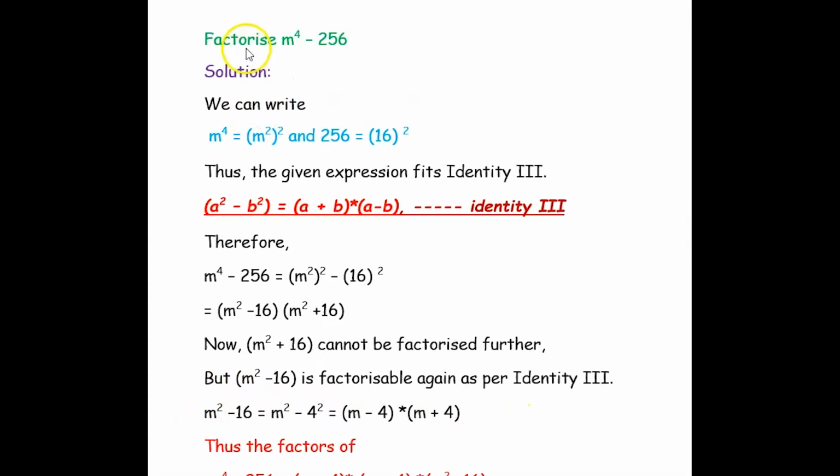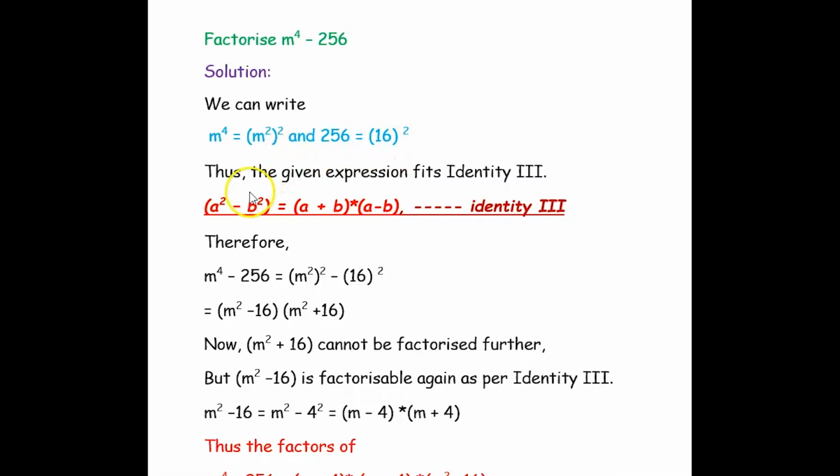Our next question is, factorize m raised to the power 4 minus 256. If you look into this expression, we can express m to the power 4 as m squared raised to the power of square, and 256 can be written as 16 square.